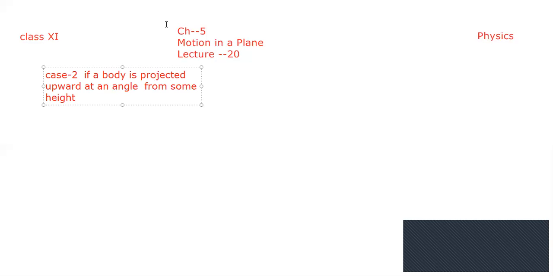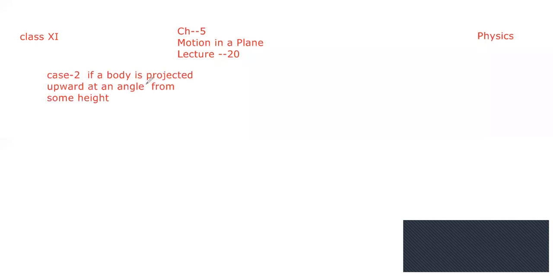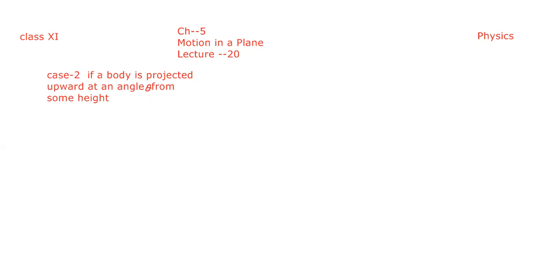So if a body is projected at an angle theta from some height, what is the diagram and how do we calculate the total time of flight and height?